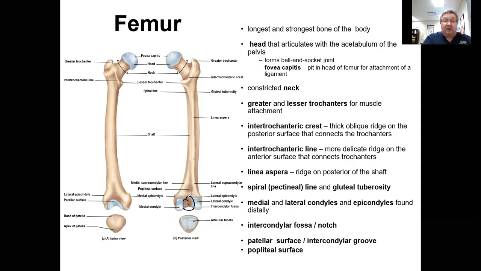On the distal end of the femur, we have two condyles, a medial and lateral condyle, and above them, we have a medial and lateral epicondyle. Between the condyles, we have an intercondylar fossa. Those are the important aspects of the femur itself.